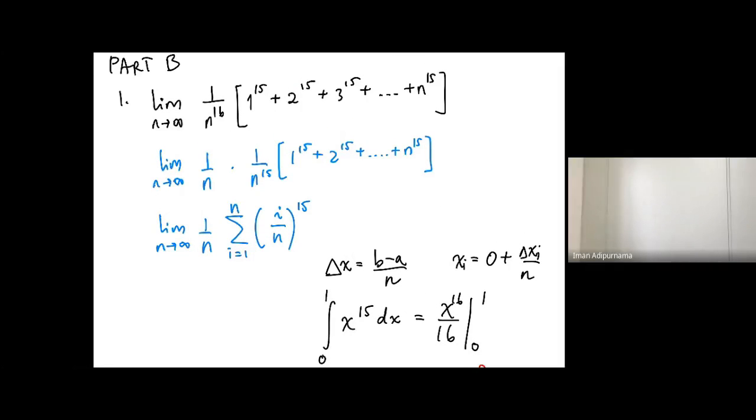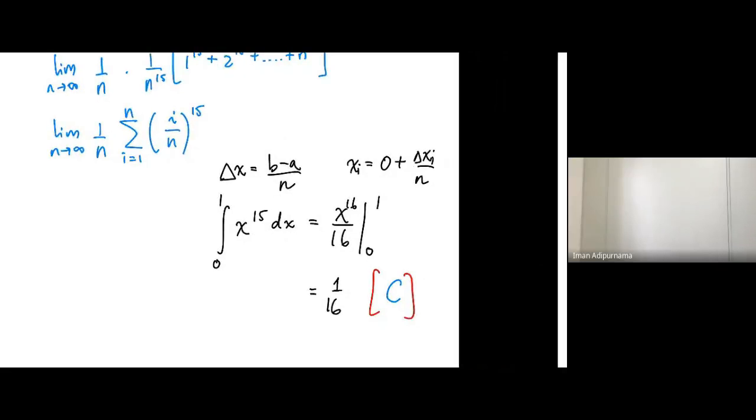Factorizing the 1 over n, the whole thing here becomes the sigma of i over n with the power of 15. And this becomes the integration from 0 to 1 of x with the power of 15, and you will get x to the 16 over 16, so it will be 1 over 16.